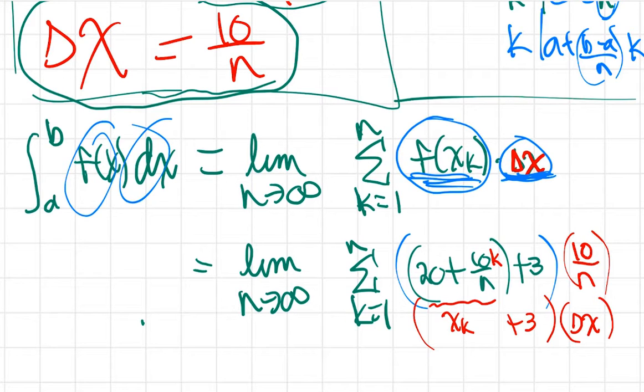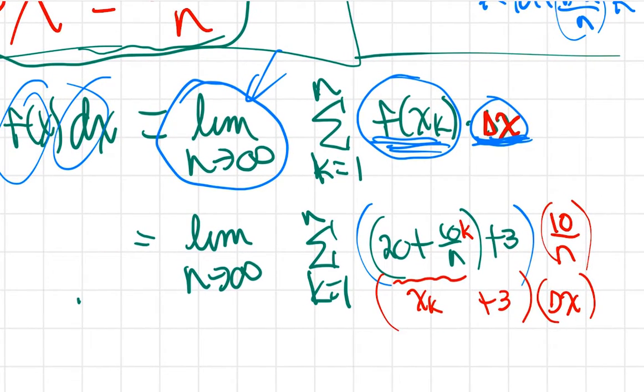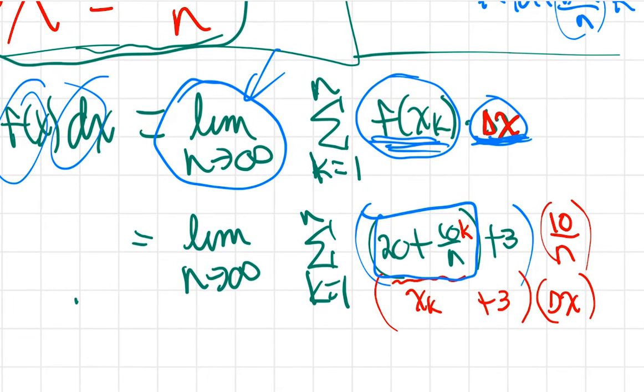Why do we introduce that limit as n approaches infinity? Because we want to get an infinite number of those rectangles, so they're infinitely thin, so there's no error. So how would we write this then? Well, we've already figured out that this right here is xk, 20 plus 10k over n, and the formula is y equals x plus 3.